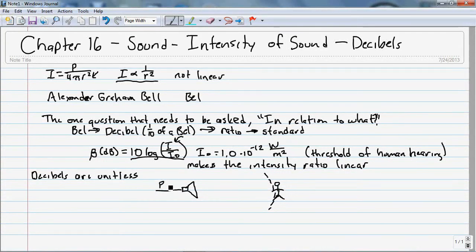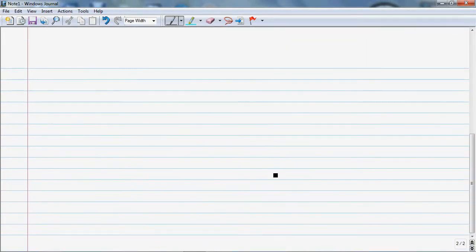And if I increase my power, but I'm staying at the same spot, it's going to be related to the intensity. I haven't moved, but the power has changed. So we can use that to redefine decibels to relate it to power.